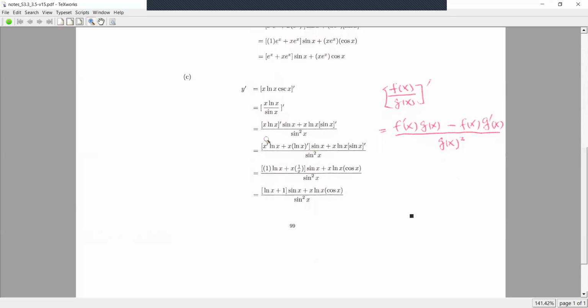Now, derivative of x is 1. Derivative of natural log is 1 over x. Derivative of sine is cosine. Simplify this result, then we get this equation. This is the derivative of the function in part C.